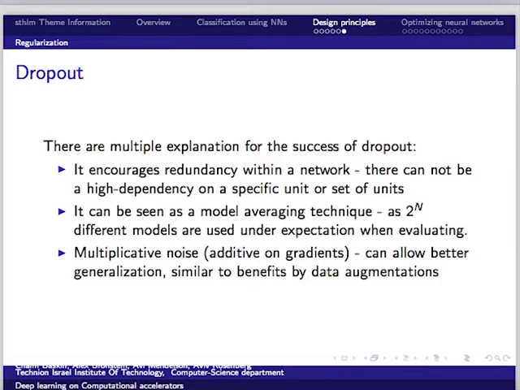It can be seen as a model averaging technique, as 2 to the power n different models are used under expectation when we are evaluating our neural network. It's also multiplicative noise; you can see dropout as adding noise to your model. So it's like using noise, and believe me, you will love noise.